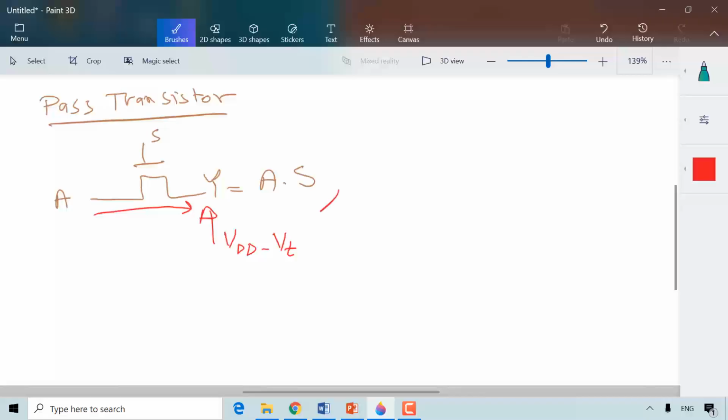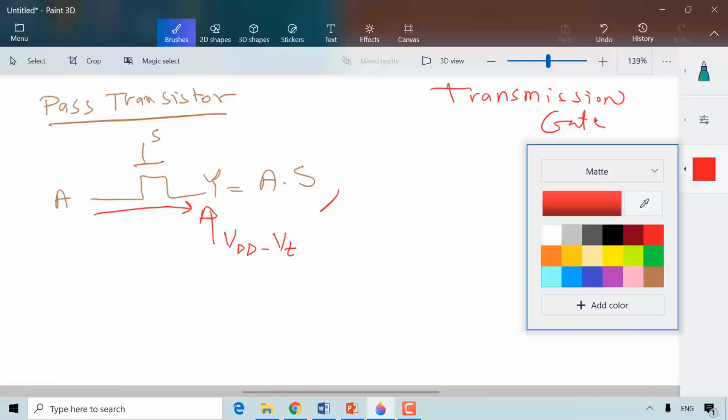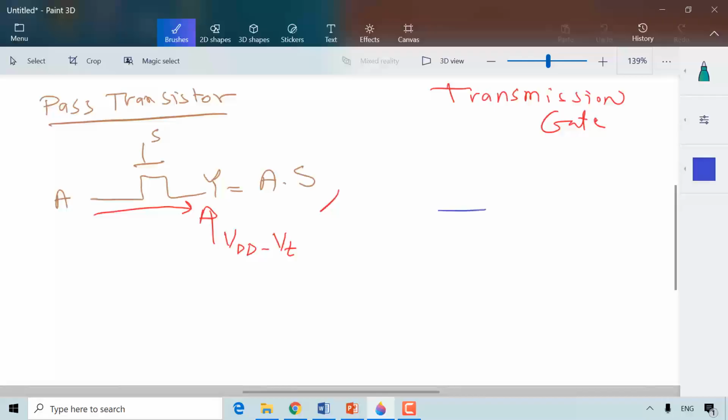So what's the solution? The solution is to use the transmission gate, where I have an NMOS as before, with A and S, and a PMOS transistor connected to it in parallel and controlled by S prime.